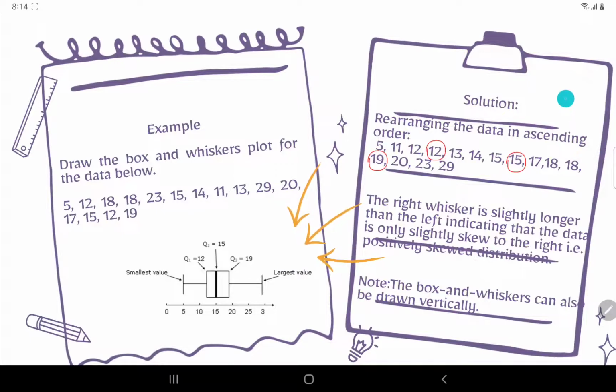Okay, so this is the example. Actually, box and whisker plot is the plot for ungrouped data. So, the example, you are given a raw data. So, you need to rearrange the data from the smallest into the largest.